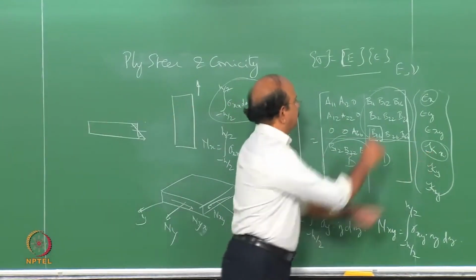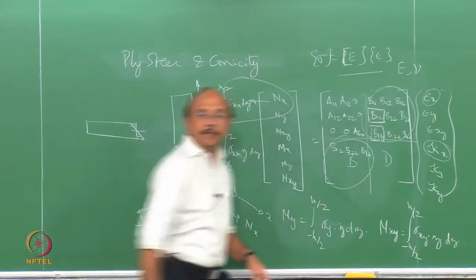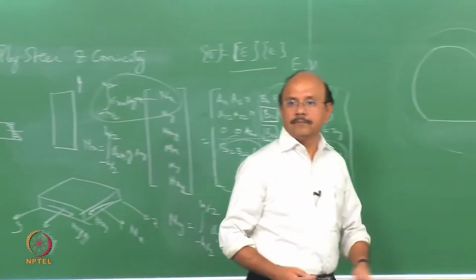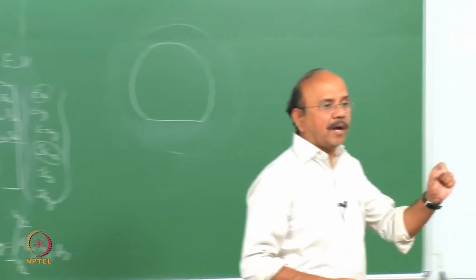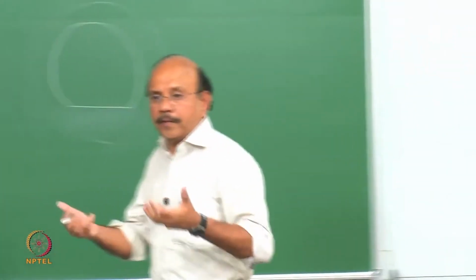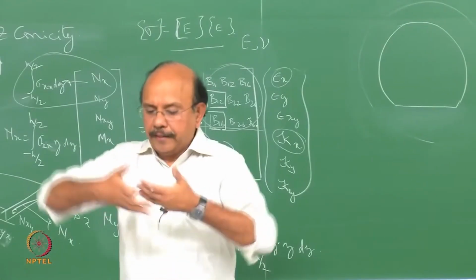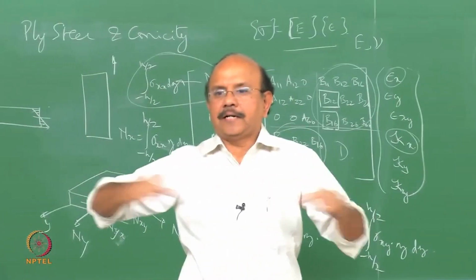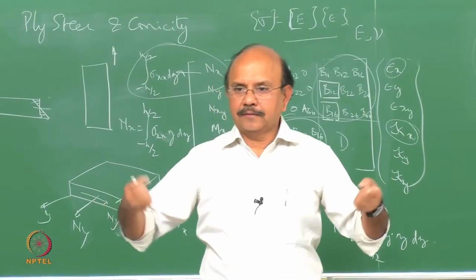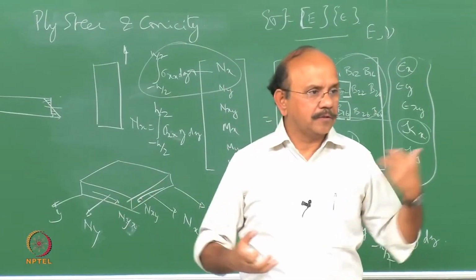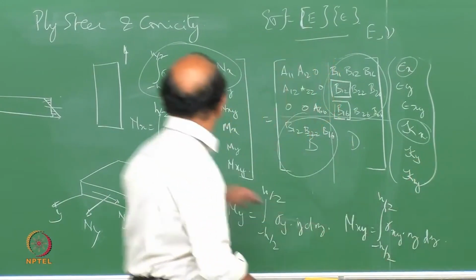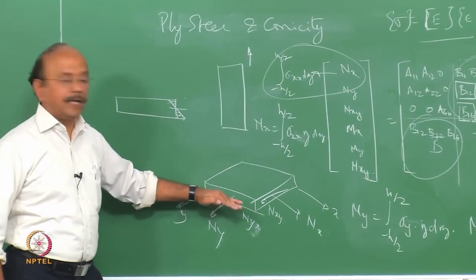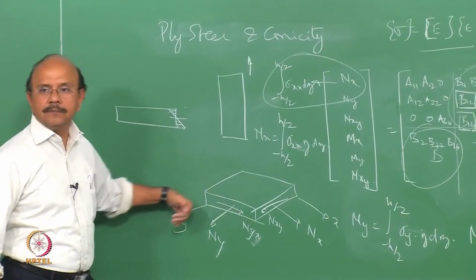Change this, and here is one that is going to give me an Ny term, and so on. So when I change kappa x, it is not just a moment. You would think that, fine, I have a curvature like that and I am making it flat. Maybe give a moment like that and make it flat. But that's not just what happens. You have forces. So I am producing a force here, and I'm producing a force in this direction.